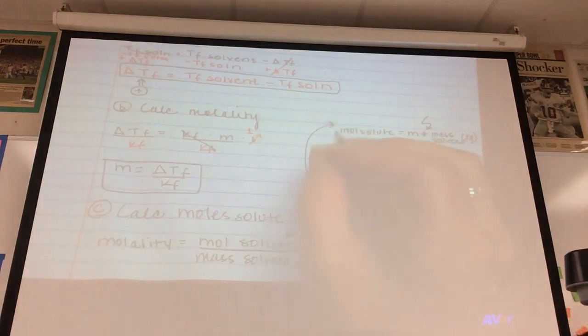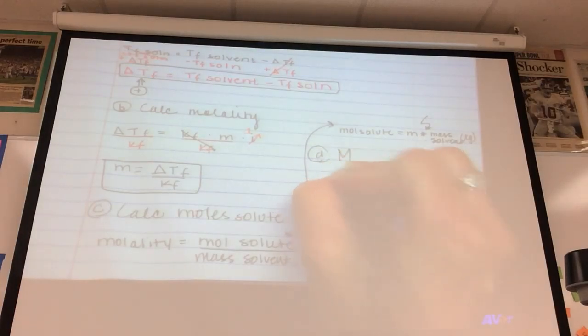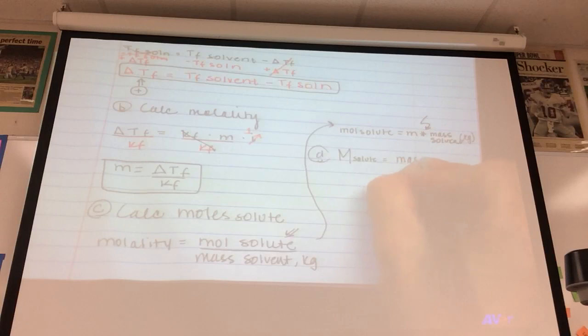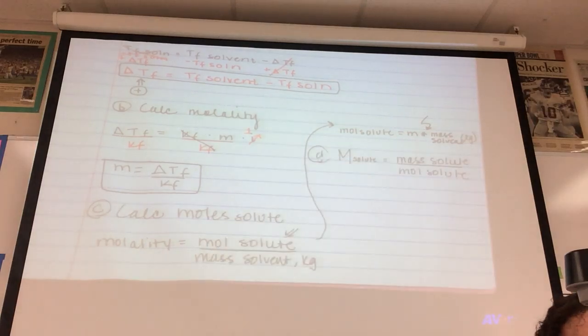And then finally, in the last step, you want to calculate the molar mass or molecular mass of the solute, and that's going to be equal to the mass of the solute, which is given, over the moles of solute that you worked so hard to get in the previous step.